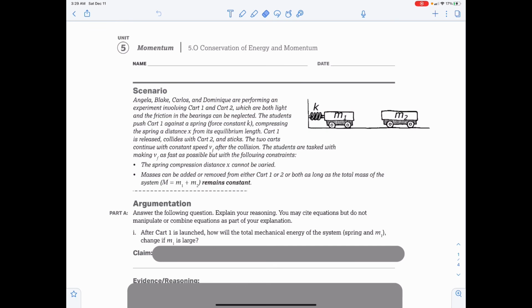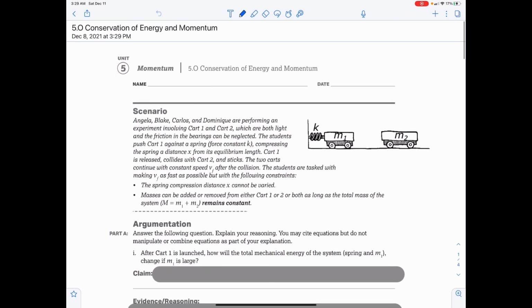The stored energy will be the same because if the x distance cannot be varied, that means 1/2 kx squared is always going to be the same because the k is constant. So constant k, constant x, the spring energy or the total energy before collision will always be the same.